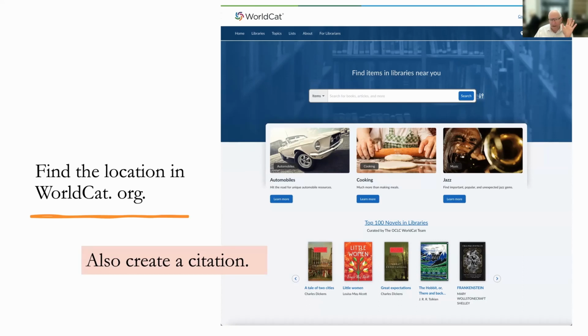It'll also create a citation. So if you find a book or record or document in WorldCat, which by the way includes stuff from archive.org and from FamilySearch and from the Family History Library in Salt Lake, or any of the places, this is all in WorldCat, and they will also have a way for you to create a citation.